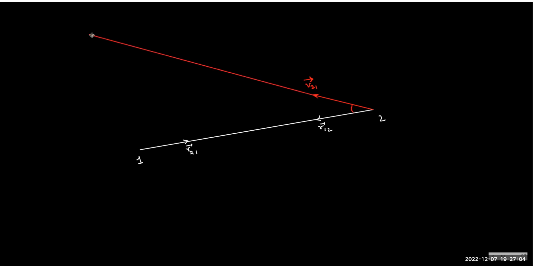So now you will be asked to answer what is the minimum separation possible between the first particle and the second particle. The second particle will continue to move like this, right? So the path of the second particle as seen by the first particle is the red line, isn't it?